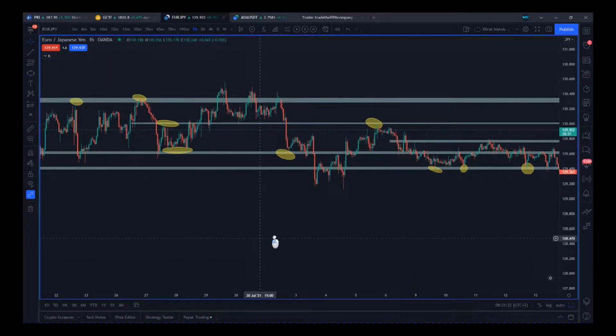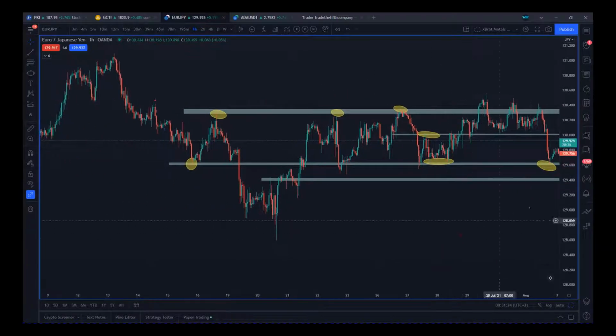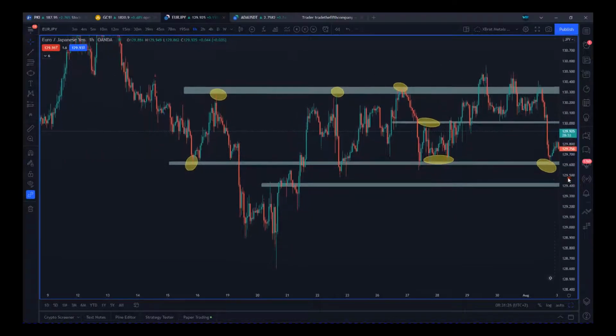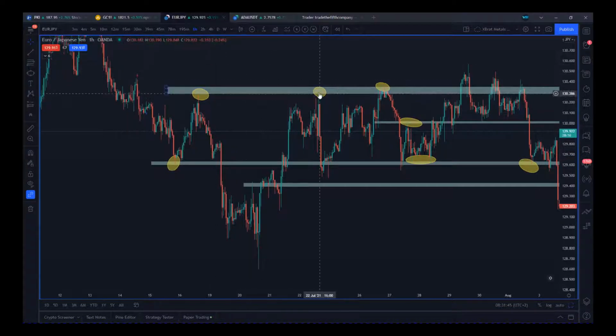Remember, we have to look left. And I've highlighted why I've chosen these zones. We've got a huge pivot where my cursor is just here, which defines a big resistance, and it turns around quite violently there. We get another test where the other ellipse is here.